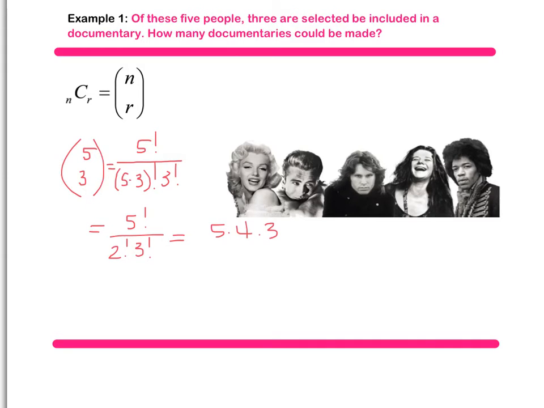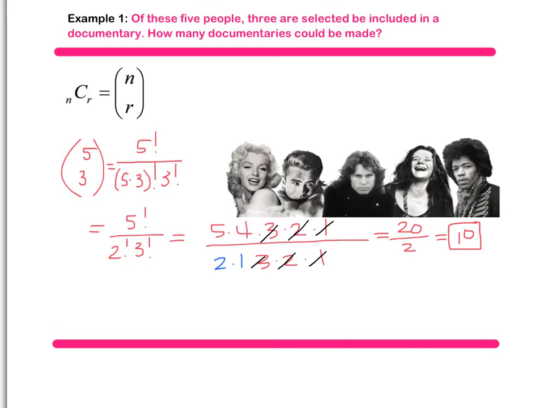That would be 5 times 4 times 3 times 2 times 1 over 2 factorial, which is just 2 times 1, and 3 factorial, which is 3 times 2 times 1. So we can cancel those to 1, and what we're left with is 20 in the numerator and 2 in the denominator. So 10. So 10 different documentaries could be made of different combinations of those 3 people.